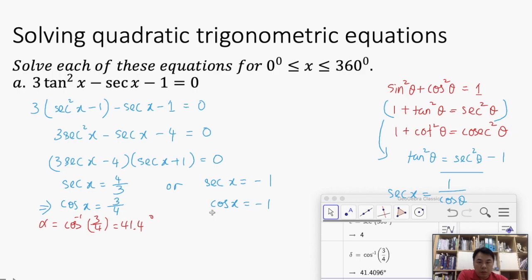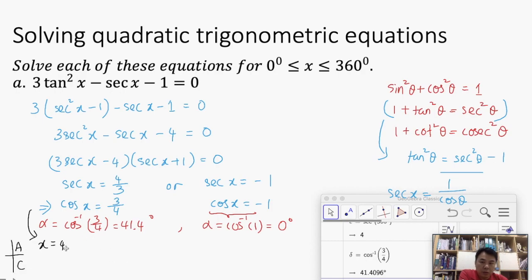For this one here, the reference angle will be a bit different because the ratio is different. The reference angle for this solution is arc cosine of 1. We are quite lucky in this case: arc cosine of 1 is 0 degrees. To conclude the solutions for case number 1, because it's a positive cosine, we are looking at the 4th quadrant and the 1st quadrant.